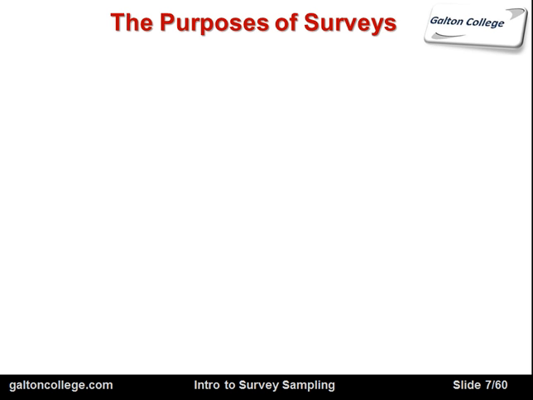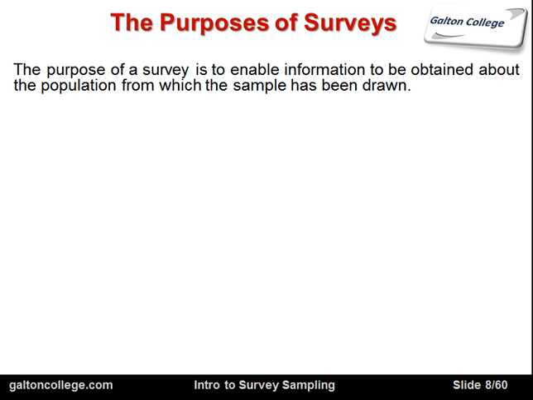Now, the purposes of a survey. The purpose of a survey is to enable information to be obtained about the population from which the sample has been drawn. So what we're trying to do here is get an insight into the population by drawing a sample.